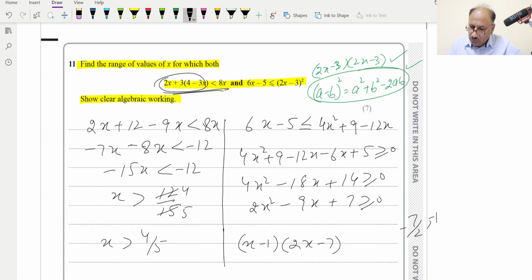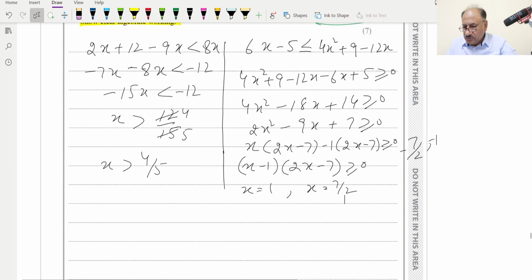So basically the intermediate step will be x into 2x minus 7 and minus 1 into 2x minus 7, greater than or equal to 0. Now we can find x is equal to 1 and x is equal to 7 by 2.